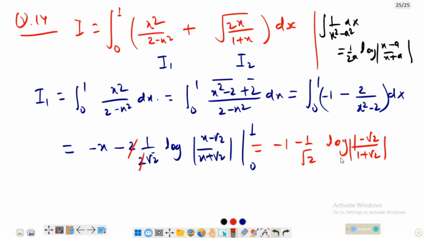so we know log a upon b is equal to log of b upon a with a minus sign. Okay, so I use this formula. Okay, so this is minus 1 plus 1 upon root 2 log 1 plus root 2 upon 1 minus root 2.